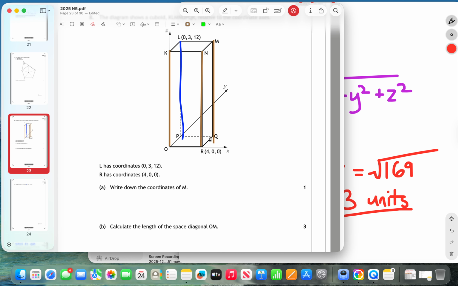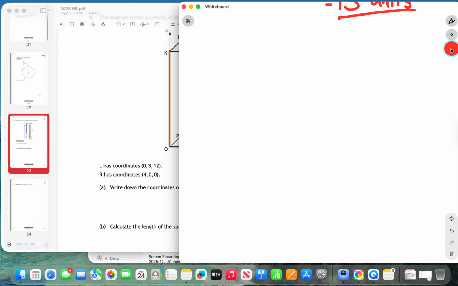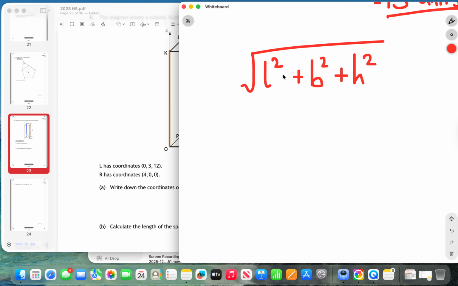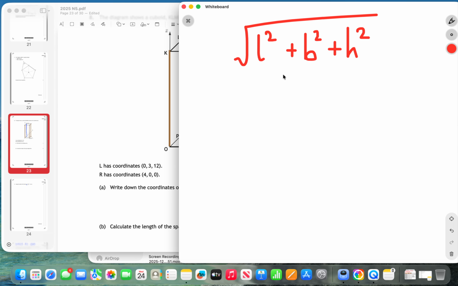So we know using Pythagoras that for a space diagonal, the formula is the length squared plus the breadth squared plus the height squared. That's the formula for the space diagonal in three-dimensional Pythagoras.